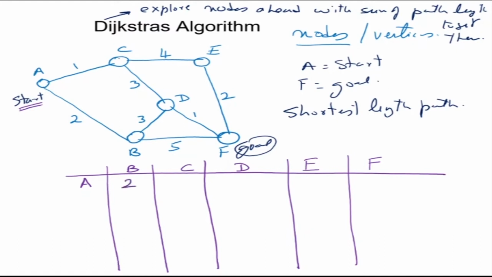It is 2. From A if I go to C, it is 1. The path length is already given.